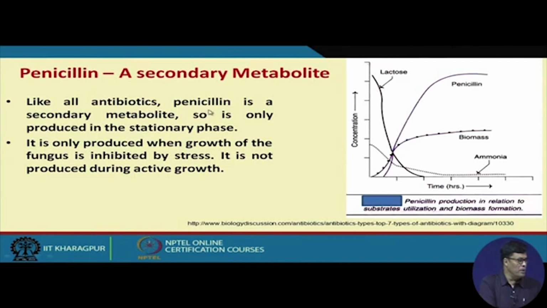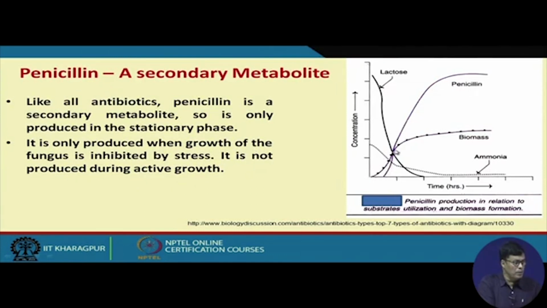Like all antibiotics, during this process their metabolism changes a little bit, and penicillin is produced there. That is why we call it a secondary metabolite. It is only produced in the stationary phase, when the growth of the fungus is inhibited by stress, and not during the active growth phase.